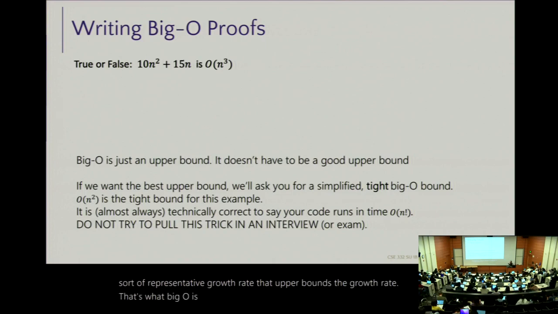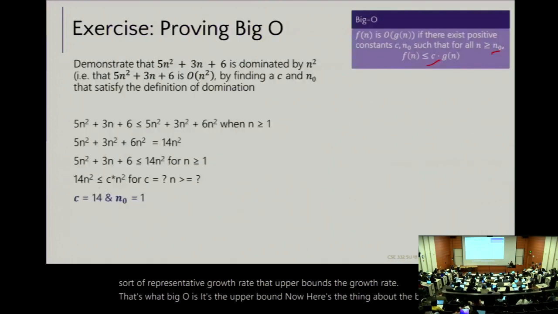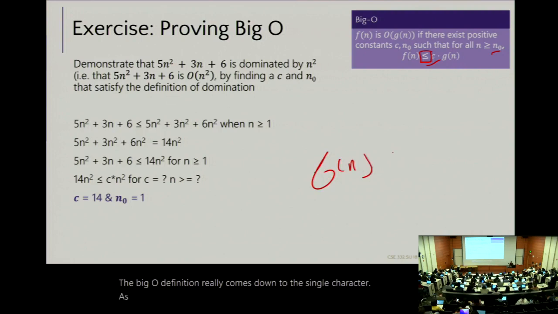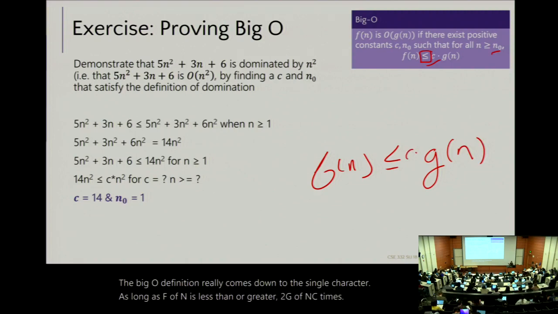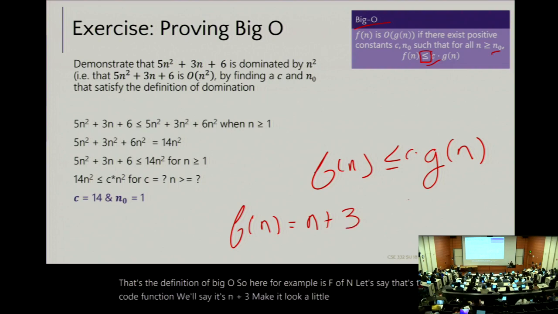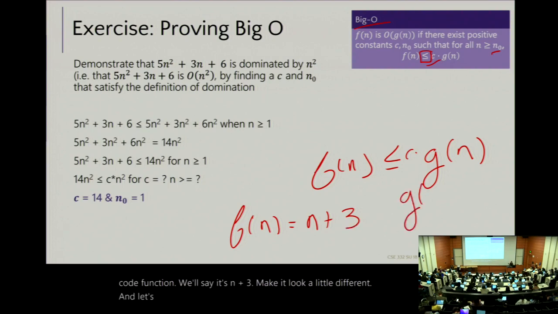It's the upper bound. Now, here's the thing about the big O definition. It really comes down to this single character: as long as f of n is less than or equal to c times g of n. So that's the definition of big O. For example, let's say f of n is the code function, n plus 3, and let's say g of n is n squared.